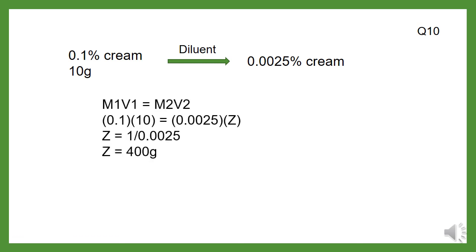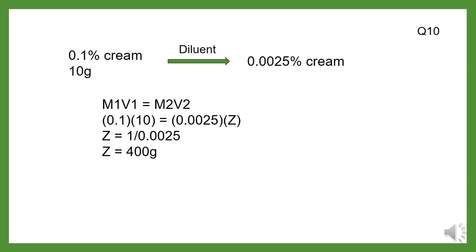So first of all, you have to generate the equation, the left and the right, M1V1 equal to M2V2. So over here, you have 0.1% multiplied by 10, and then 0.0025 multiplied by Z. So Z is the final amount, it's an unknown. So over here, you notice that the final amount needs to be 400 gram, alright?